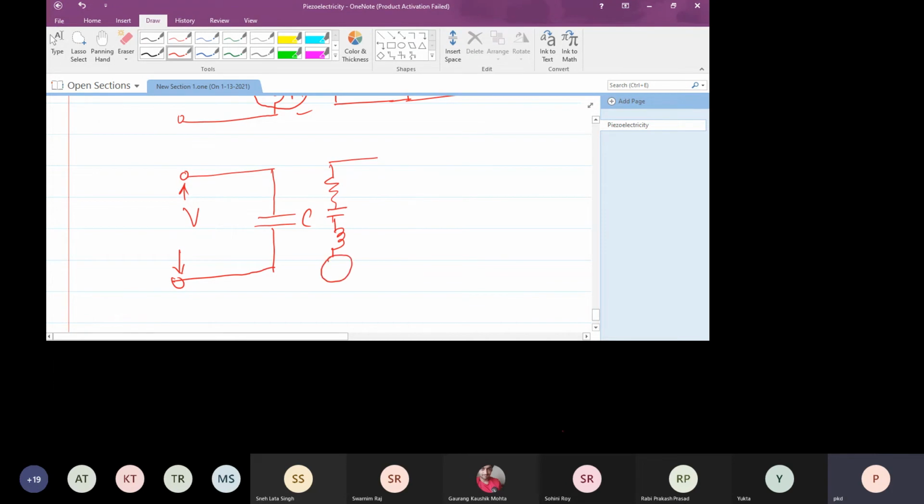Here there would be the deformation caused by this applied electric voltage, which is converted to electric field, and due to the applied electric field there will be deformation, and that deformation is stored here as dKV. d is the piezoelectric coefficient.